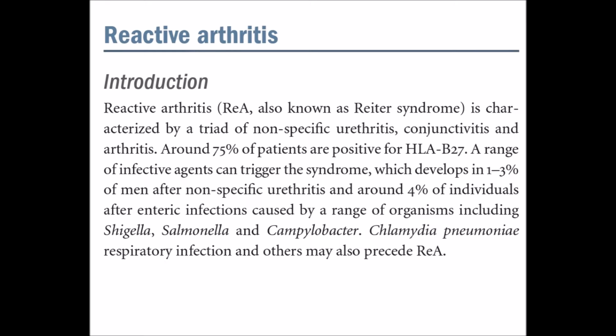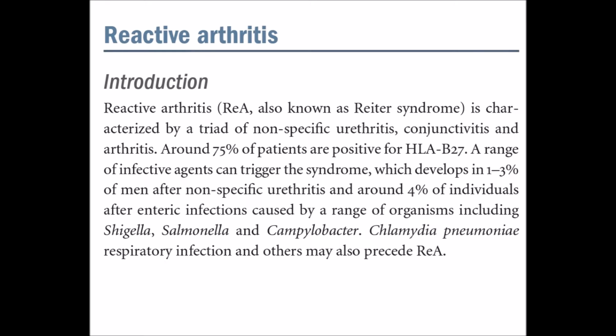Now, reactive arthritis, also known as Reiter syndrome, is characterized by a triad of nonspecific urethritis, conjunctivitis, and arthritis. Around 75% of patients are positive for HLA-B27 as opposed to 90% in ankylosing spondylitis.